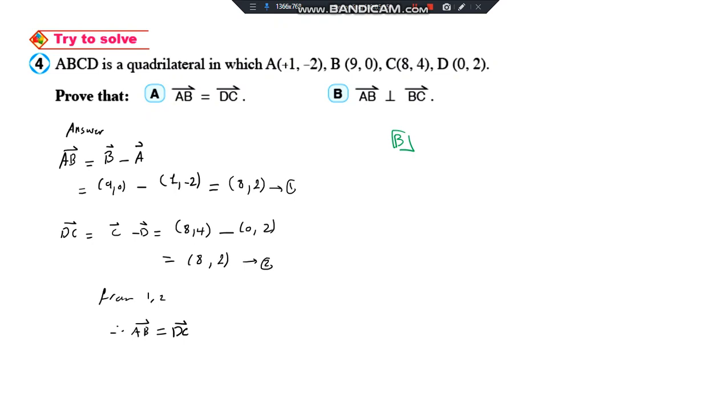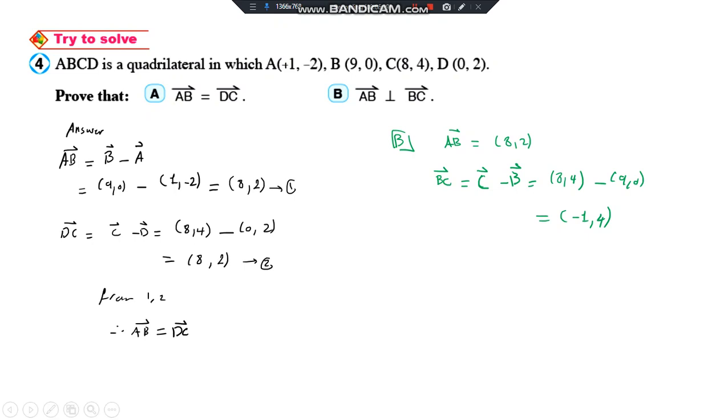So at first, AB equals (8, 2), and we have BC equal to C minus B. C equals (8, 4) minus B, which is (9, 0). So 8 minus 9 is negative 1, and 4 minus 0 will be 4.